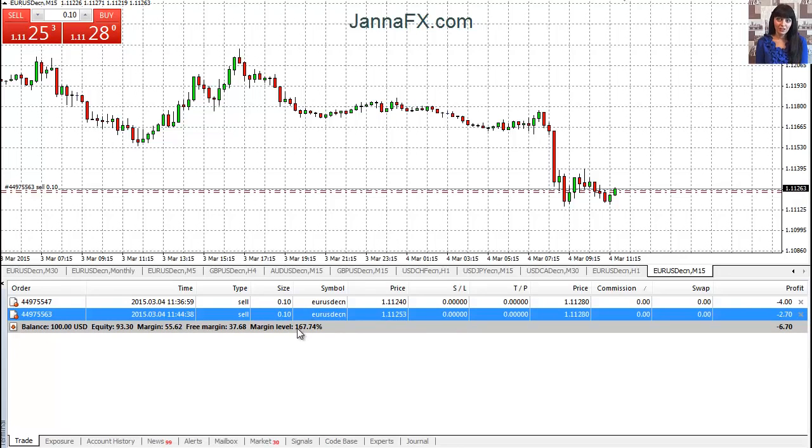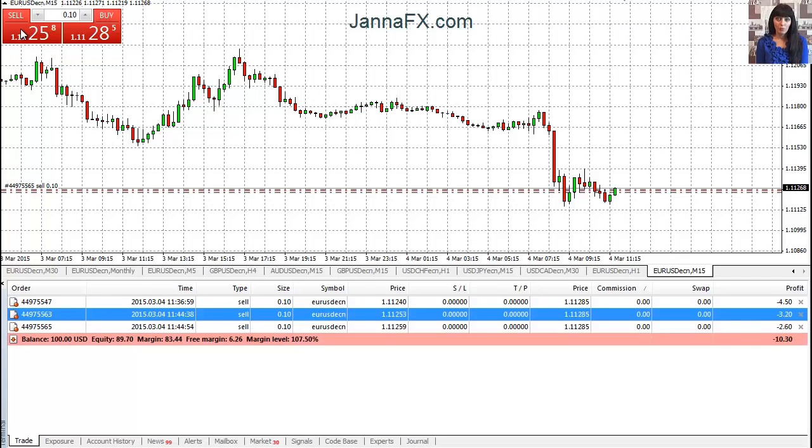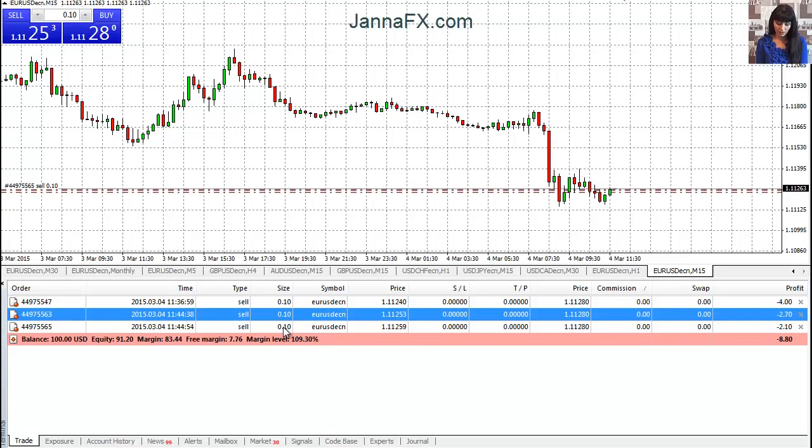Let's say we sold again. You can see I'm still having 160% margin level. I have free margin 38, but I have locked $55, and now I'm going to sell again. And you can see I have a third trade, and free margin is 8.